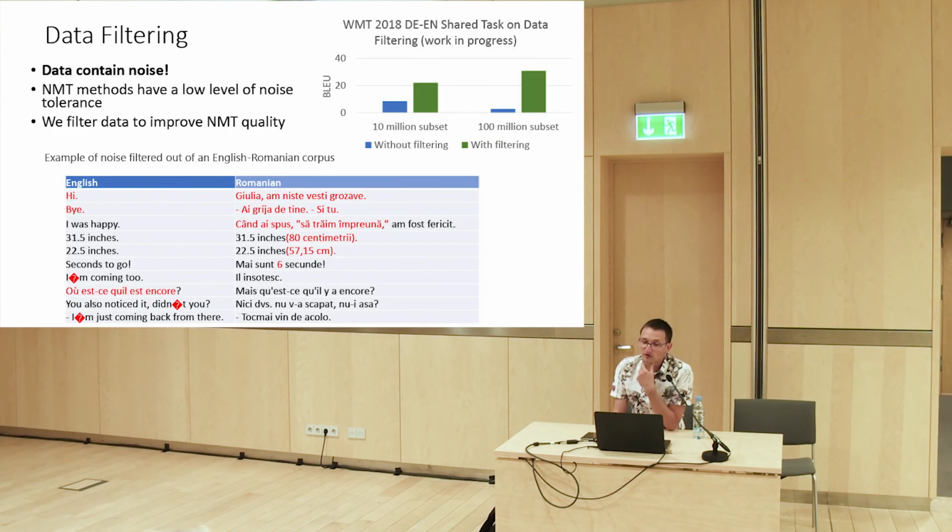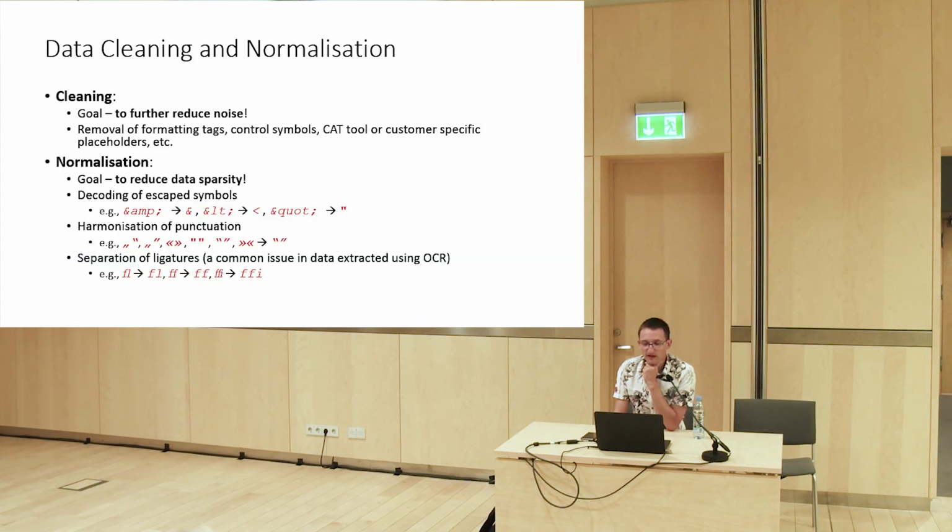Then we do also data filtering, so data that we get is always noisy. Don't assume that your data is clean. If you work with machine translation, data is always noisy and it's important to clean it. And it's also important to normalize it. So, for instance, here I have examples that data can have different punctuations.